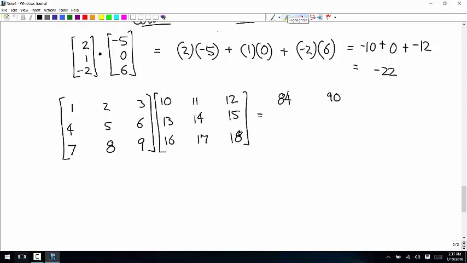Then for the 1, 3 element of the output, what row are we going to multiply in the first matrix? First, yep. That's where the 1 comes from. And what column in the second matrix? Yep. And so dot product between these two, what I have written down here says 96.